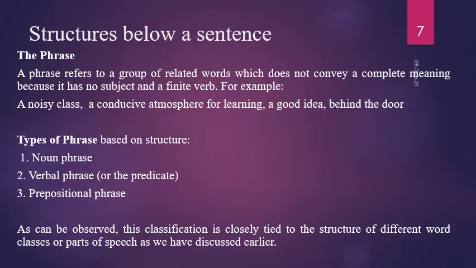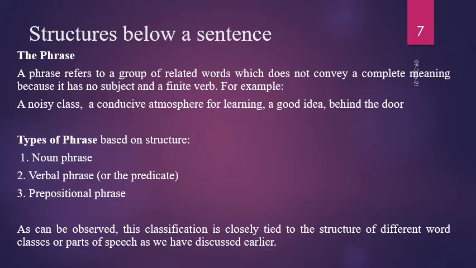For example, a noisy class, a conducive atmosphere for learning, a good idea, behind the door. We can identify types of phrases: 1, based on structure, 2, based on function.